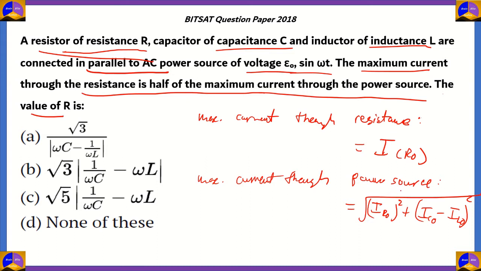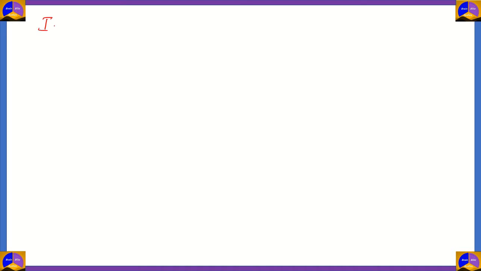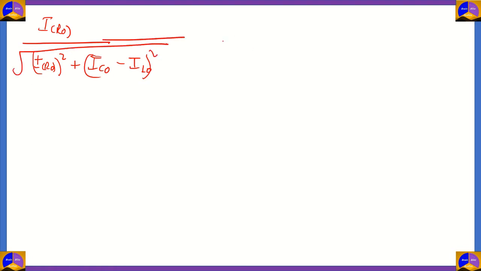So according to the relation given, the maximum current through the resistance divided by the maximum current through the power source, that is I_R naught divided by the square root of (I_R naught) squared plus (I_C naught minus I_L naught) squared, is equal to 1 by 2. So therefore, what we're going to do is take I as equal to E divided by Z, where Z is the reactance.